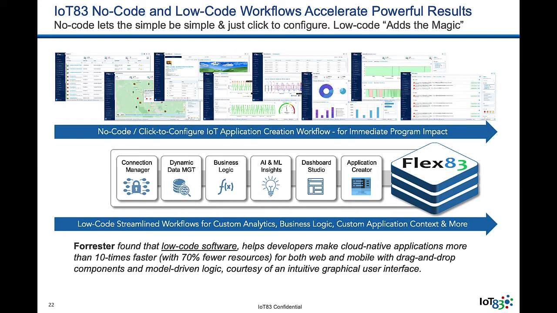Forrester found that low-code software helps developers make cloud-native applications more than 10 times faster, with 70% fewer resources for web and mobile, with drag-and-drop components and model-driven logic. This is what we're providing with the Flex83 Application Enablement Platform.